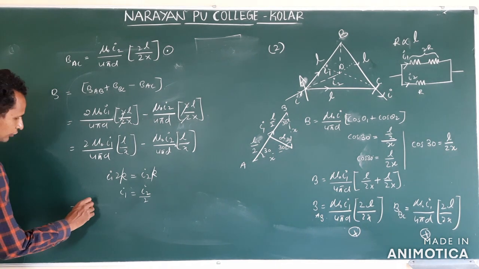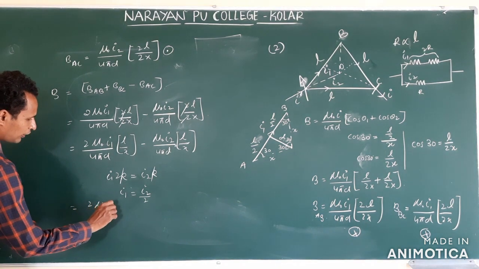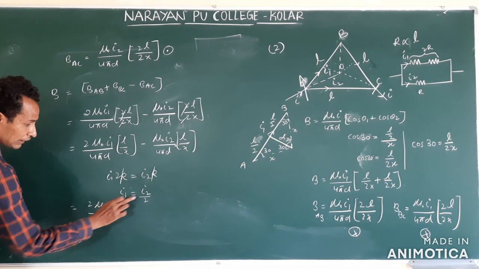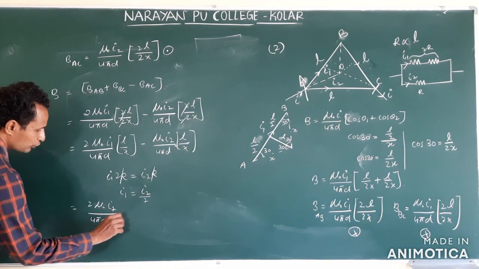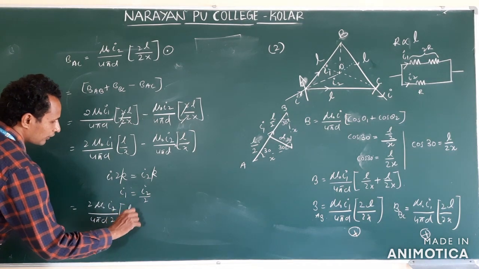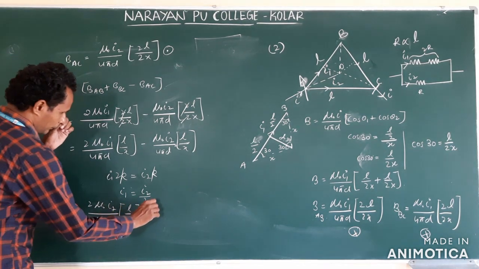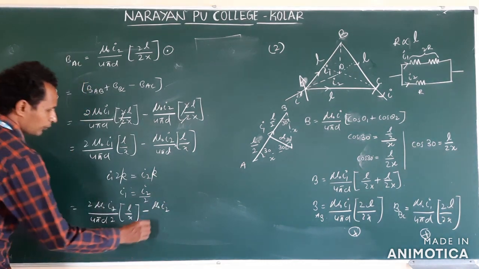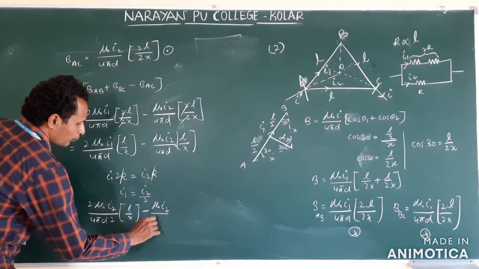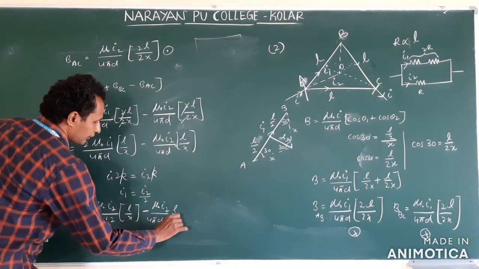So then, writing I1 in terms of I2, this is 2 mu naught (I2 by 2) by 4 pi d times 2L by x, minus mu naught I2 by 4 pi d times L by x.